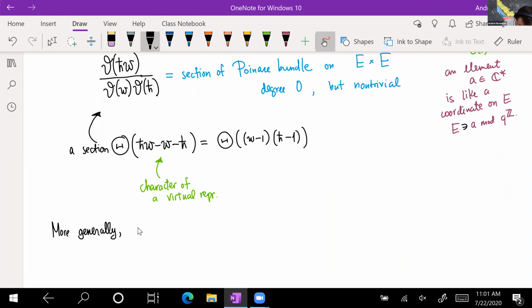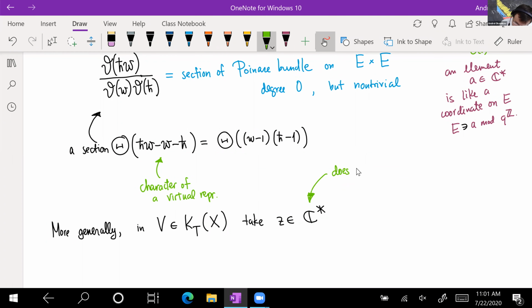What more general, if V is a T-equivariant K-theory class on X, I can take a variable Z, which is in some other abstract C star. This C star does not act on X at all.